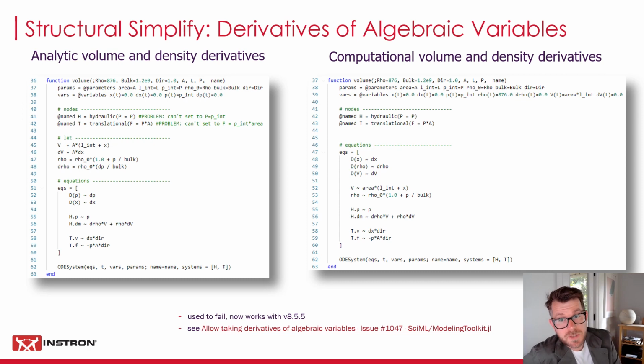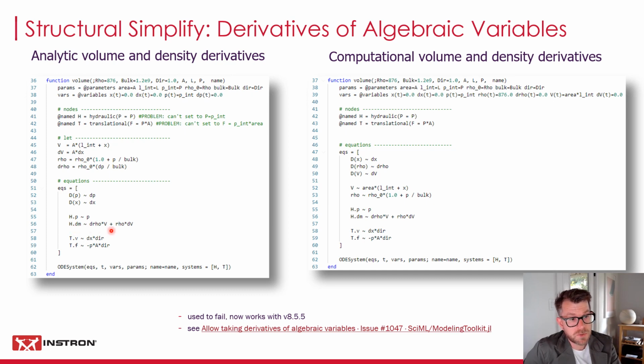So let's now take a deeper dive into this volume component. The key to this component is simply defining the conservation of mass equation, which we can see here on line 56. The mass flow in and out of a volume, so .dm, is equal to the change in density and volume.